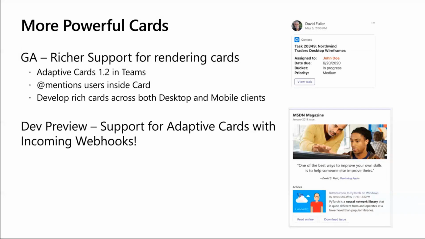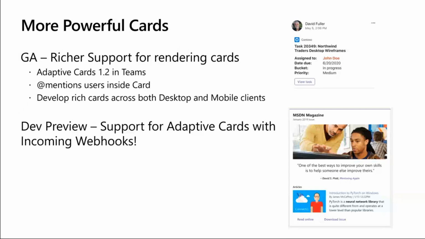So it's another way of generating a notification if you want to provide specific focus onto this card. For my third bullet point, we've also been heavily invested in ensuring that adaptive cards work seamlessly across both desktop and mobile clients. So that's GA for the last 2-3 months.